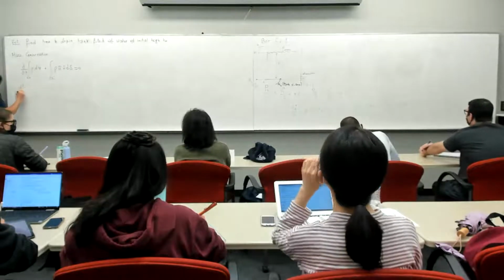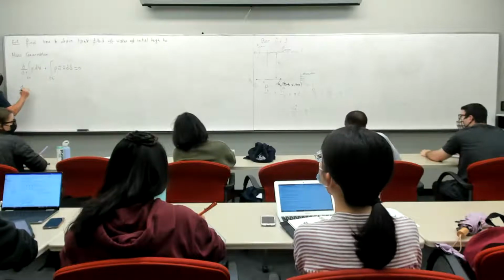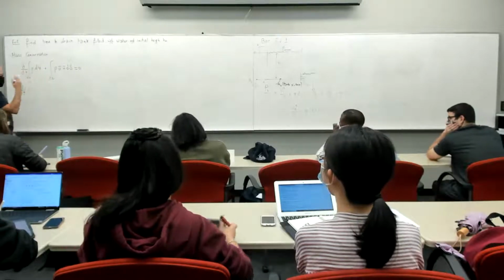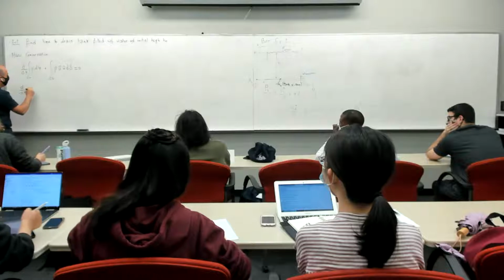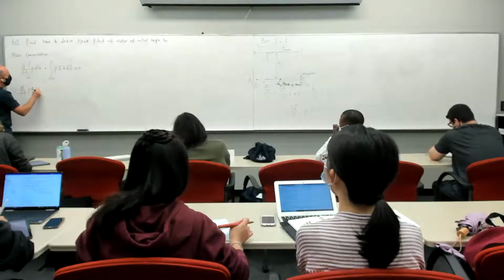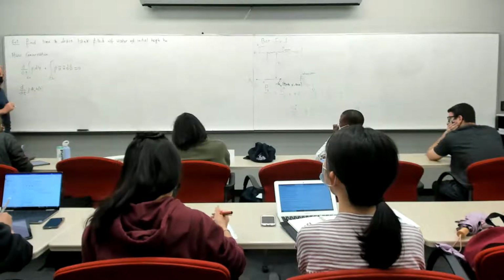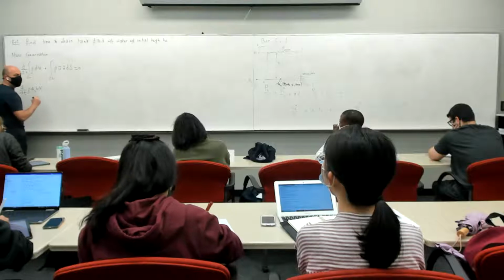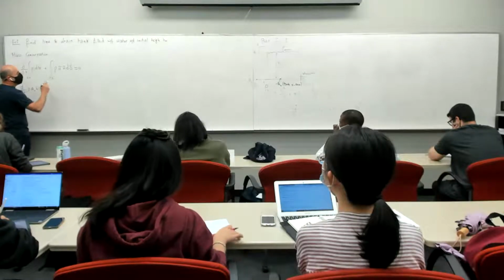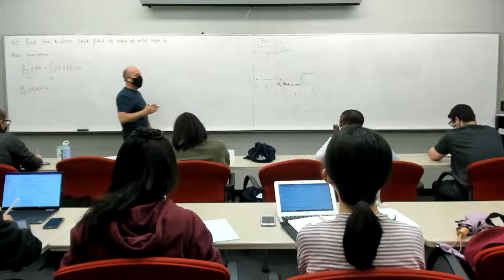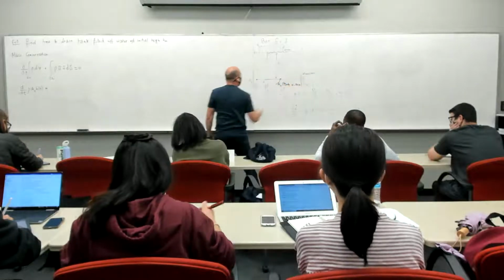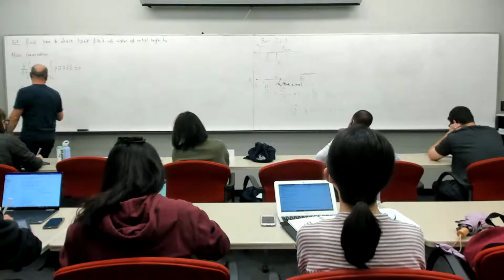Then we had d by dt of rho times the volume, which was a tank, times h of t, a function of time. Remember this problem? Plus, the only exit we had was this velocity at point 2.